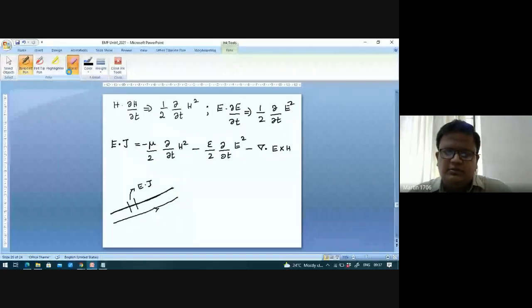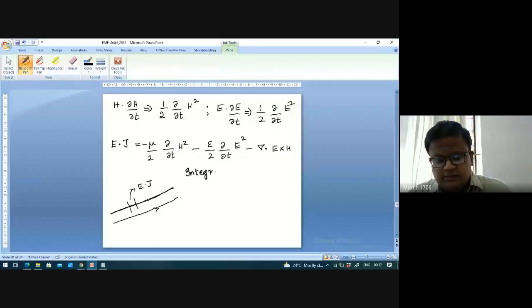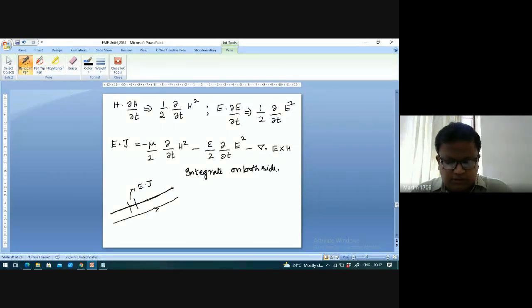So I have to integrate on both sides, to get the entire volume. That is E dot J dV, a volume integral, equal to, you can see in both terms dou by dou t is a common term.